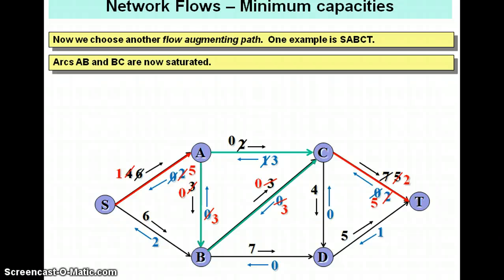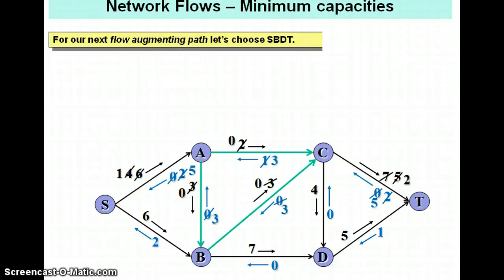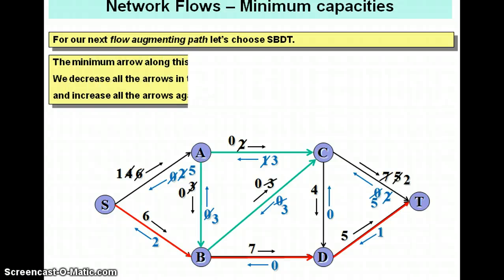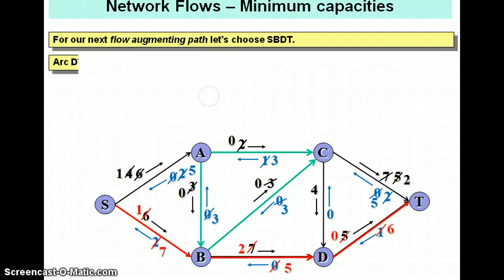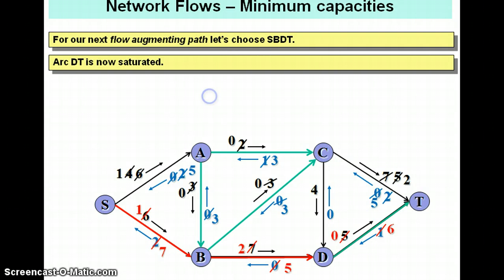We now go along the bottom, SBDT, we can send 5 through there. We have 6, 7 and 5, so we go with the 5 on DT. Make sure we do the labelling as we go along, and we've now saturated DT.